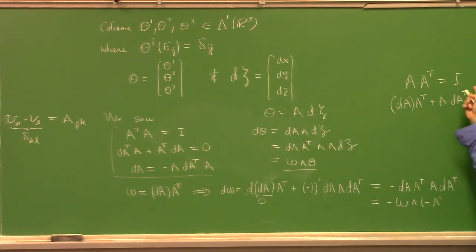So if we have A A transpose equals I, we exterior differentiate it, and that tells us that A dA transpose, this guy right here, is actually equal to what? Minus dA A transpose, right?